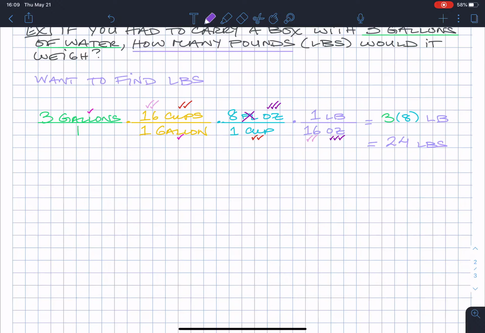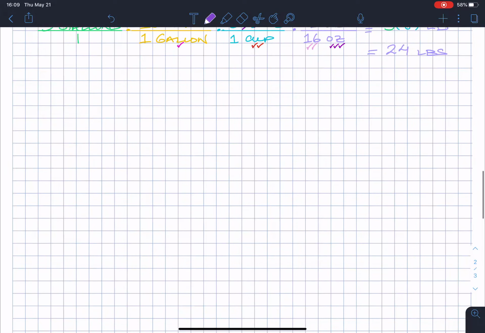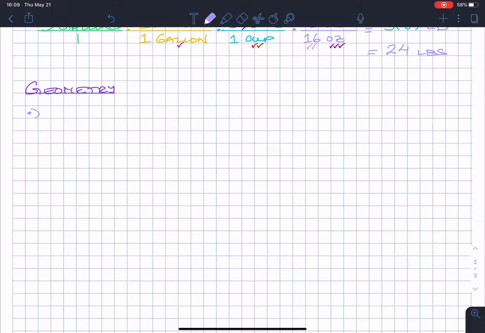So now let's deal with some geometry. So geometry, everyone's favorite, I hope. So similar triangles. So we'll first deal with similar triangles.